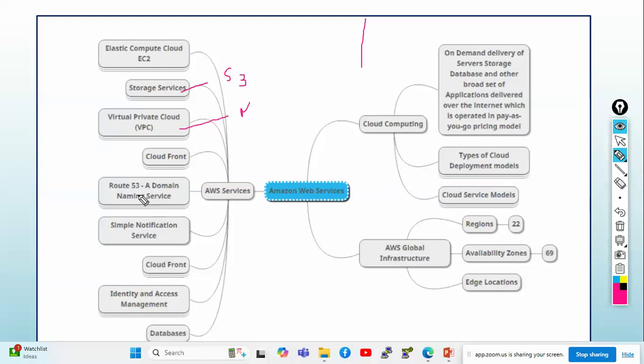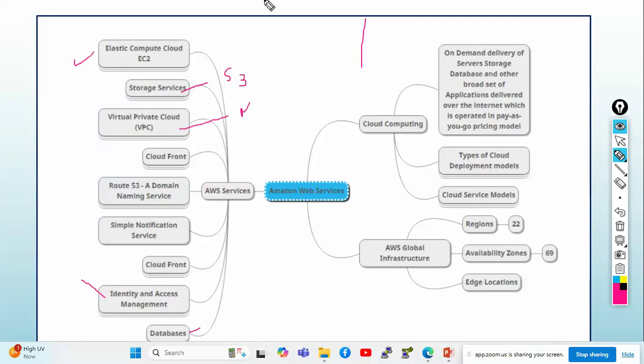Route 53 is a DNS, and SNS, the Simple Notification Service, sends us notifications. CloudFront is a content delivery network, and then there is Identity and Access Management, where we talk about AWS security, and the databases. The order could be anywhere, but usually we start with EC2. So this is the whole high-level picture of your AWS course.